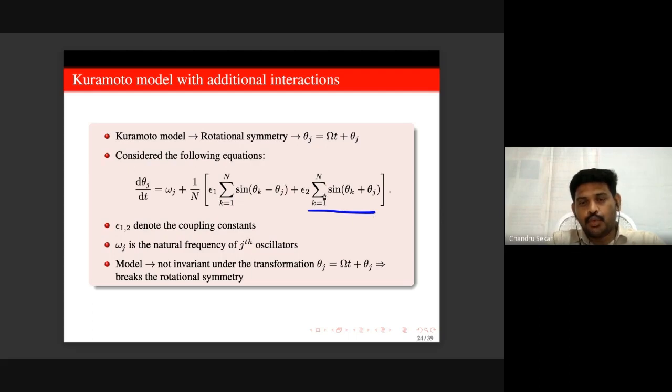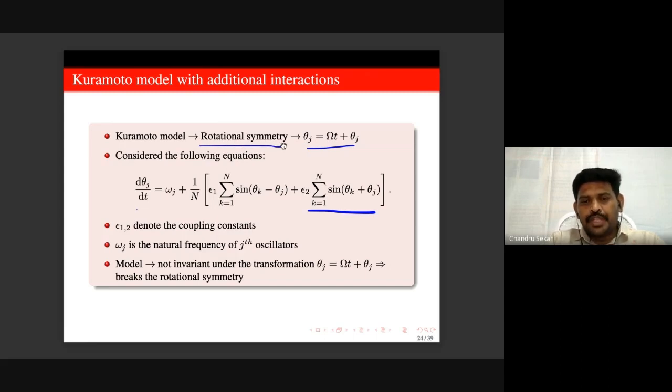If epsilon 2 is 0, this equation is the Kuramoto model. This equation is invariant under the transformation theta j equal to omega t plus theta j. This type of invariant property is called a rotational symmetry of the system.